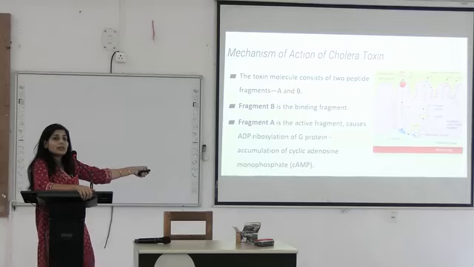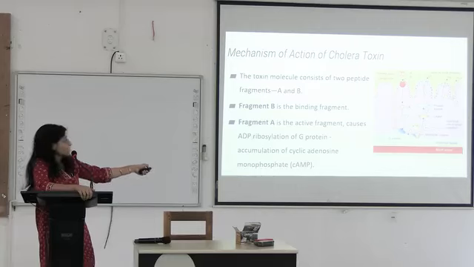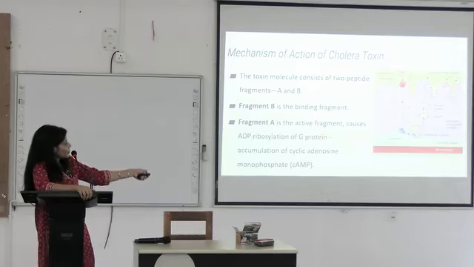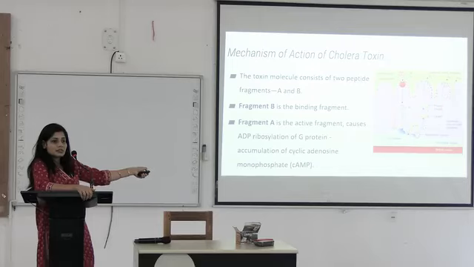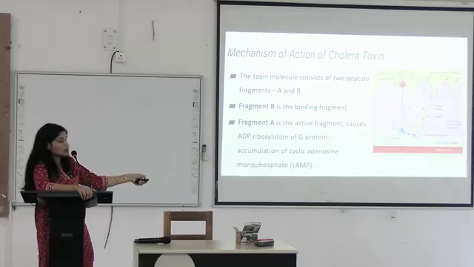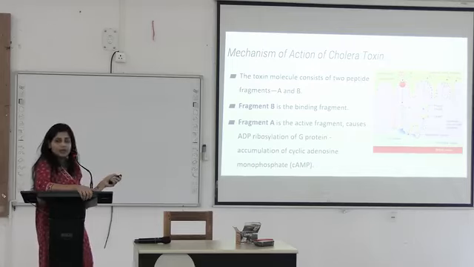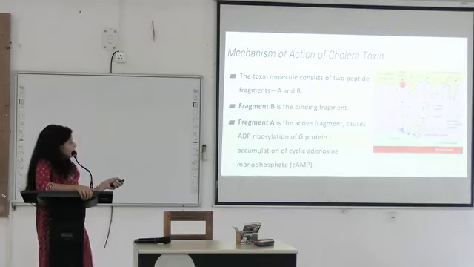Without the binding unit, the active unit cannot get into the cell. So first the binding unit binds to the enterocyte and then the active unit enters the cell through endocytosis. After this it goes to the endoplasmic reticulum and from there it goes back into the cytosol.